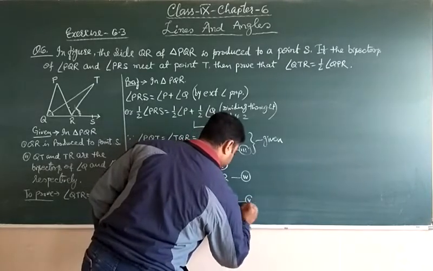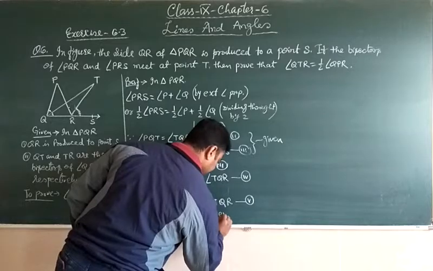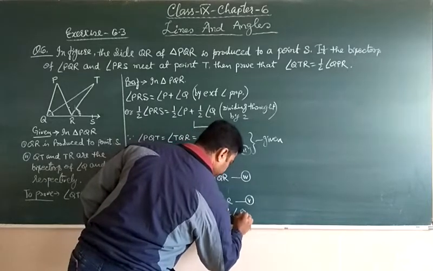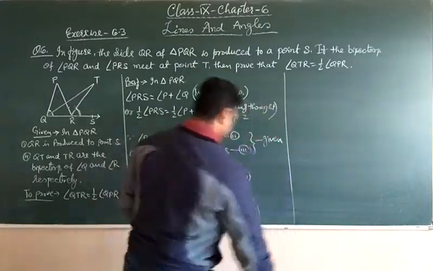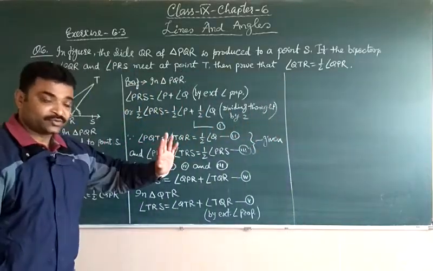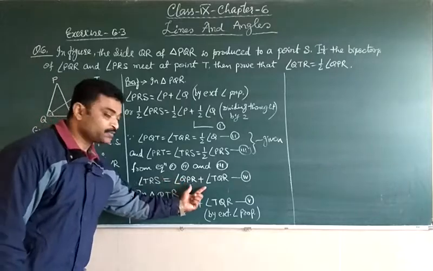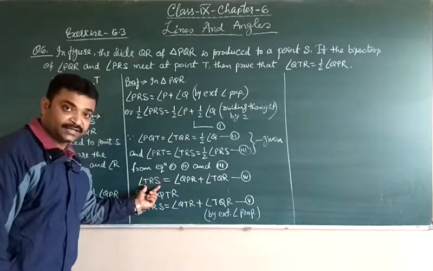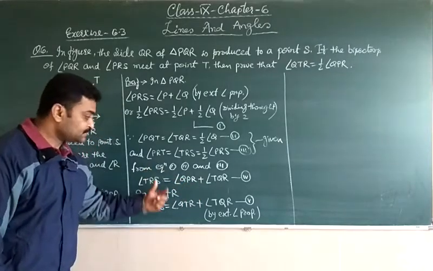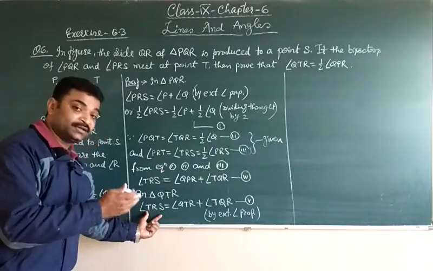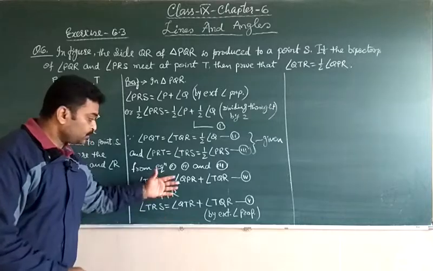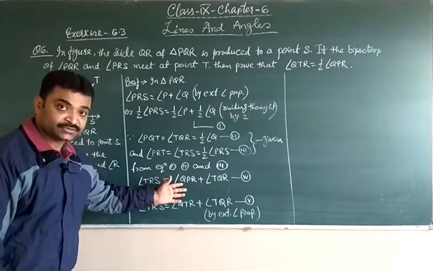It is equation number 5, by exterior angle property. Clear? Now students, in equation number 4 we have angle TRS in the right hand side, and in equation number 5 we also have angle TRS in the left hand side. So if we compare these two equations, what we get?